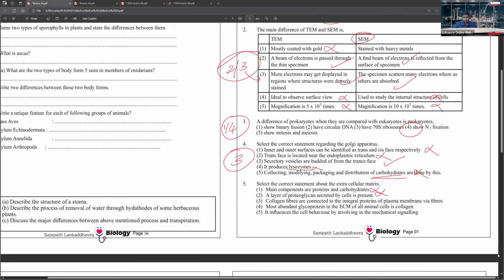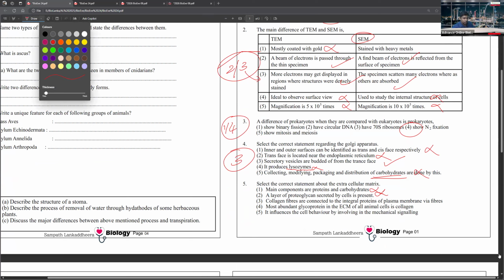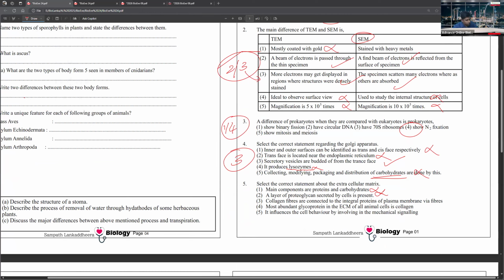Right. So a layer of proteoglycan layer is wrong; it's a network or something. So we'll take layer as wrong.